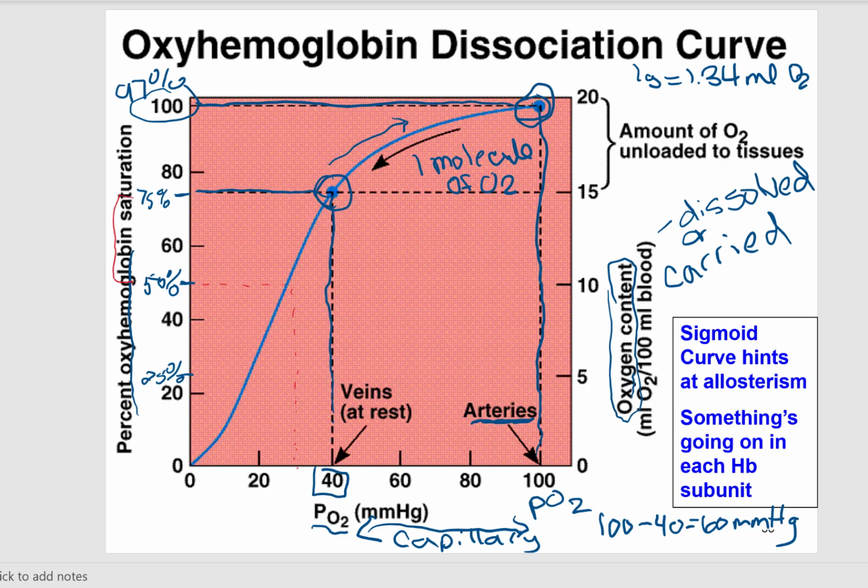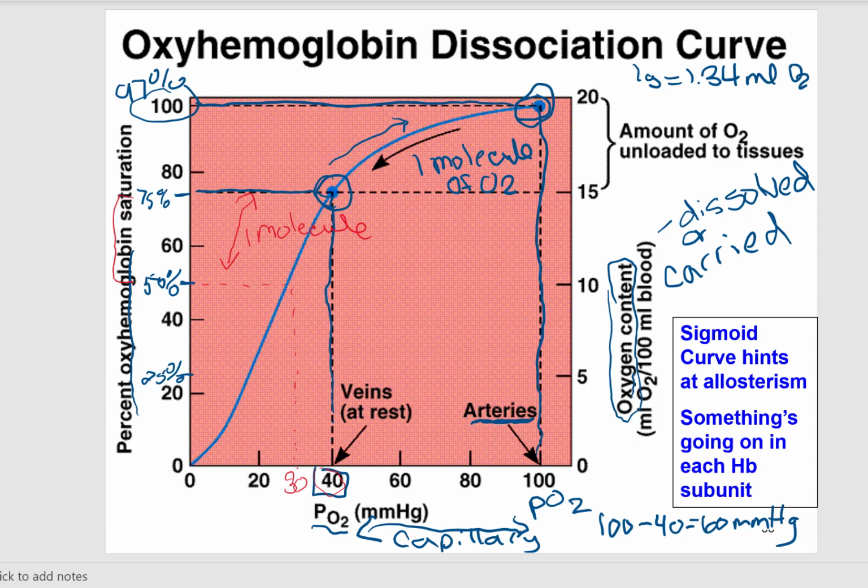And to lose another molecule of oxygen, that means going from 75% to 50%, we would have to go from 40 millimeters of mercury down to about 30. That's a difference of only 10 millimeters of mercury to lose a second molecule of oxygen.